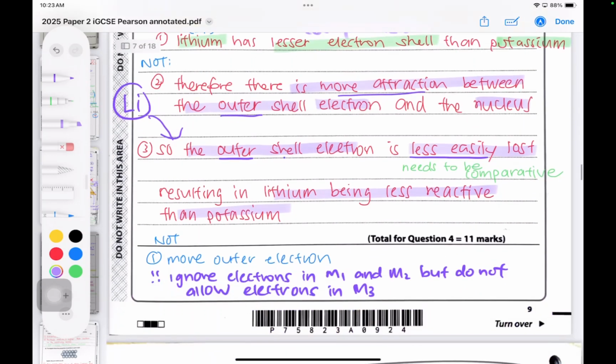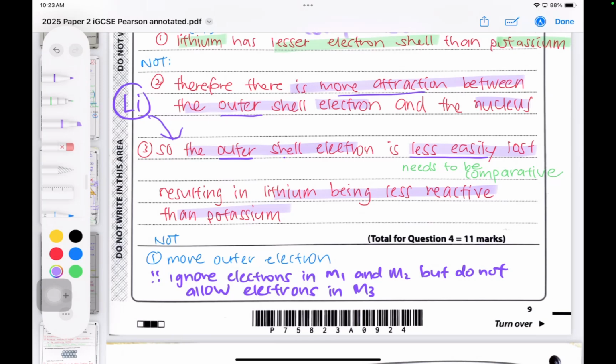Of course, you can word it in the opposite manner. You can word it from the perspective of potassium being more reactive because it is willing to lose its valence electron more easily, because the distance between the proton and the valence electron is further away. So that is another way of wording your answer.